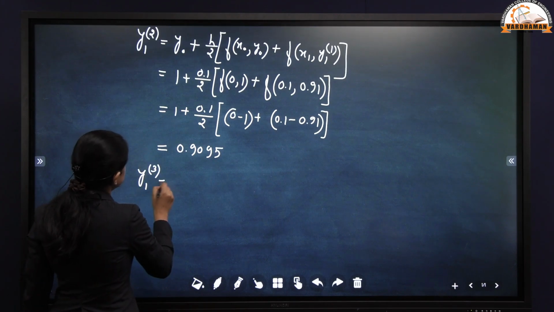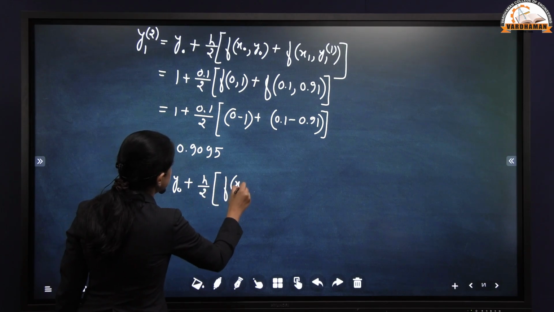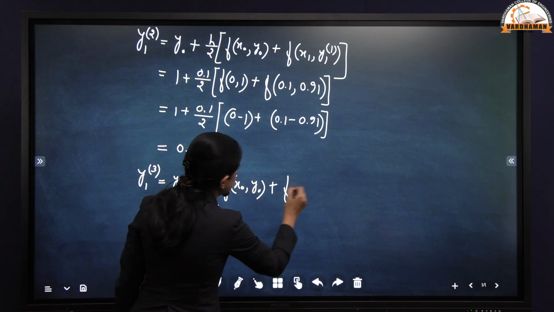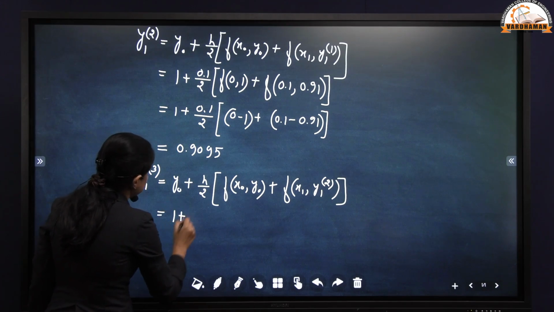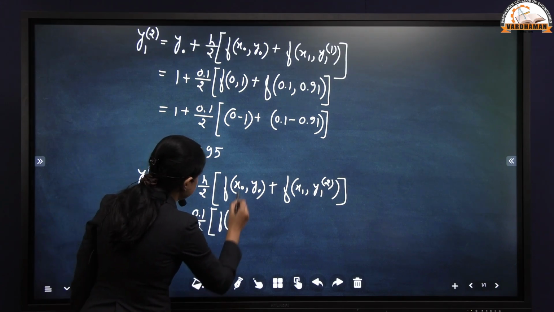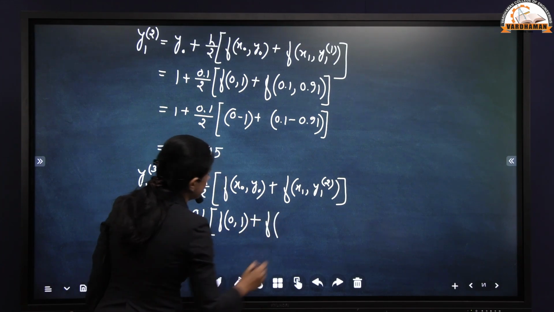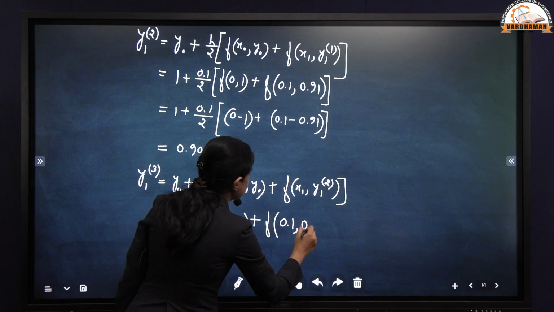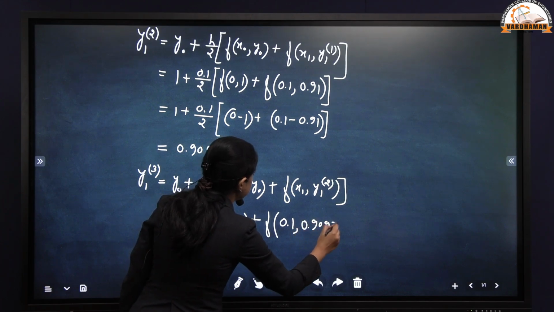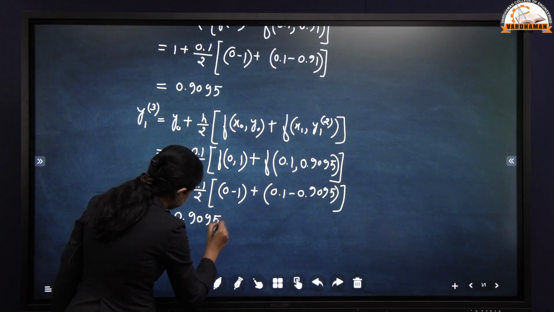y1 3 is given by y naught plus h by 2 f of x naught comma y naught plus f of x1 comma y1 2. y naught is 1 plus 0.1 by 2 f of x naught is 0, y naught is 1 plus f of x1 is 0.1 and y1 2 is 0.9095. We get 0.909525.